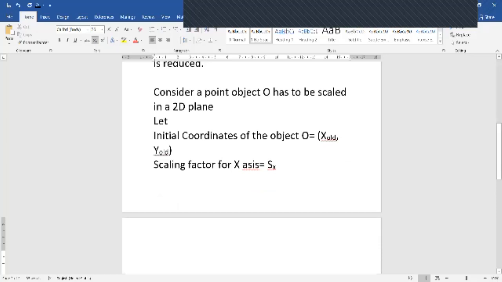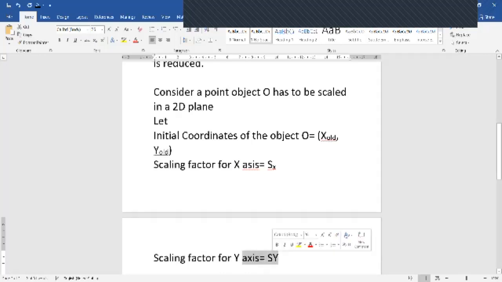Then the scaling factor for the y-axis is Sy.